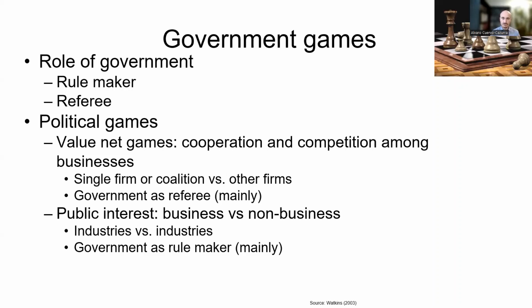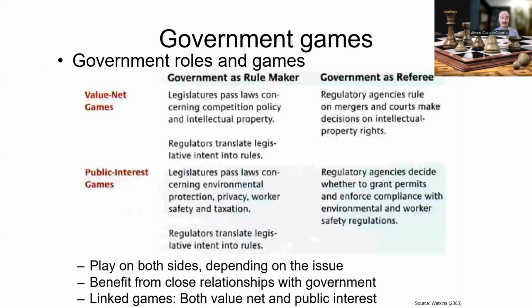Therefore you're going to have a challenge in which you are asking the government to intervene because you are having this discussion with groups outside the industry. Although, in general, in the case of value nets, we are talking about the government as a referee, and in the case of public interest, we are talking about the government as a rulemaker. It's not always the case. We can have the government act on both sides in the two different types of games.